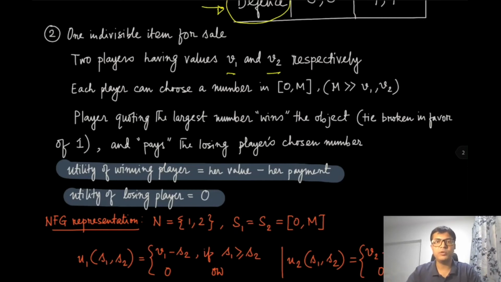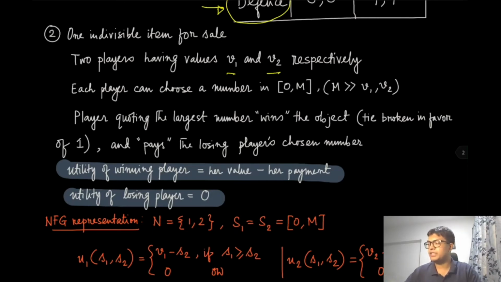You will be given that object, but you will be paying $80, and therefore your net payoff is this difference of $20, because you value that object at 100 but you are paying 80. And of course the utility of the losing player who does not get the item is going to be 0. He does not make any payment, neither is the item allocated to him, so he gets a value of 0.